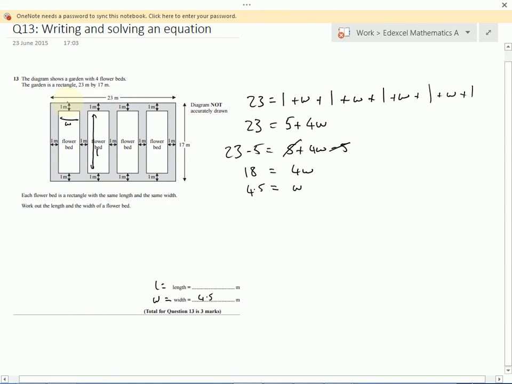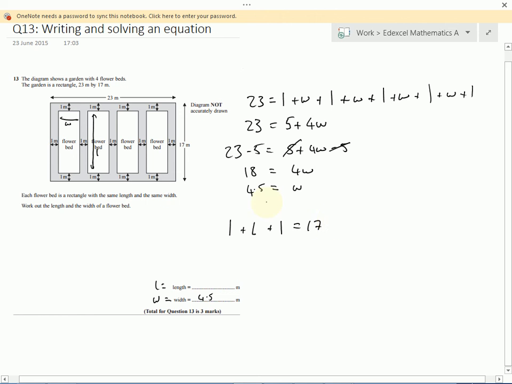Now let's work out what the length is. This is a bit easier. We have 1 metre from the edge, then the length of the flower bed, which we've called L, and then another metre on the end, and if we add all of those together we should get 17 metres.